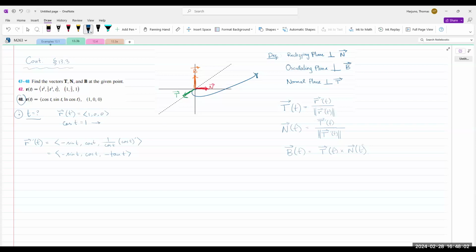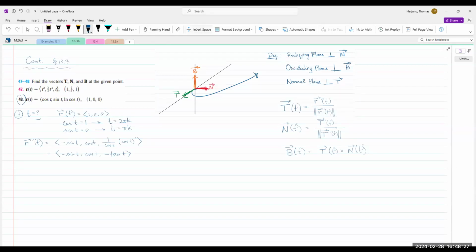That implies t must be an integer multiple of 2 pi. And sine t equals 0 means t is a multiple of pi.